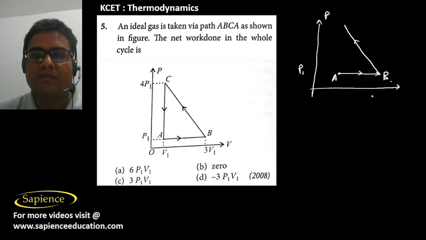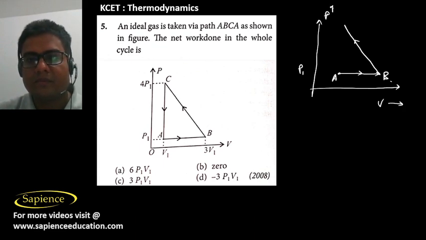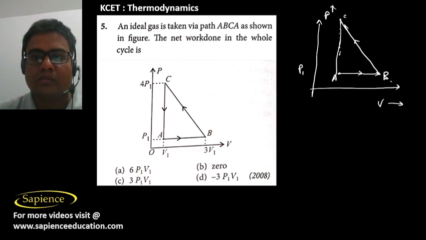So this is a P versus V graph. Now this is the point C, from C to A. Here the volume is constant, so this is an isochoric process. Okay, this is 4P1.